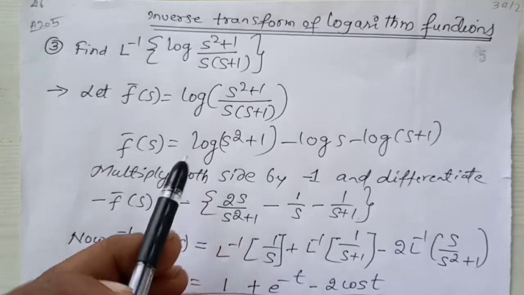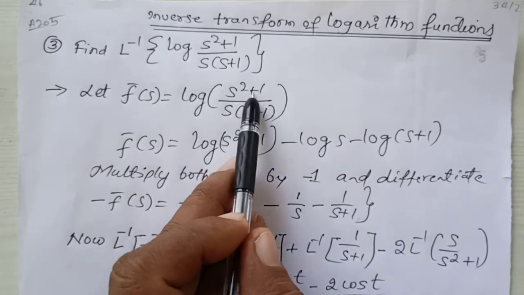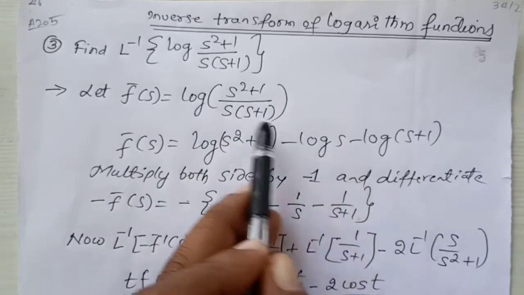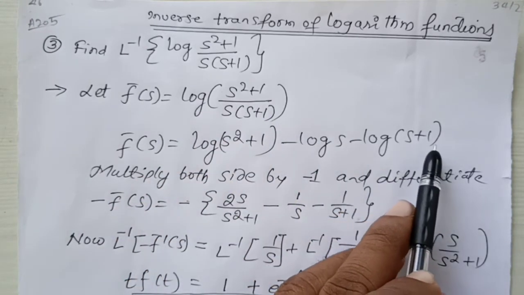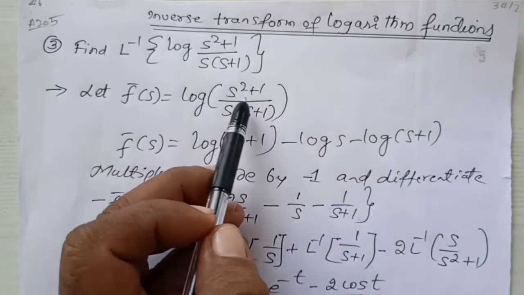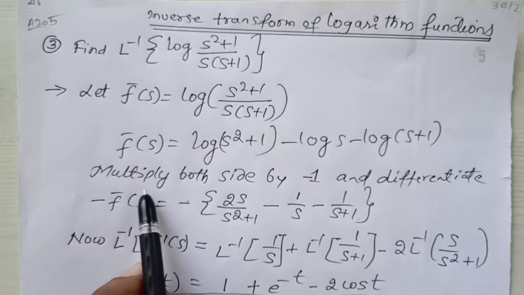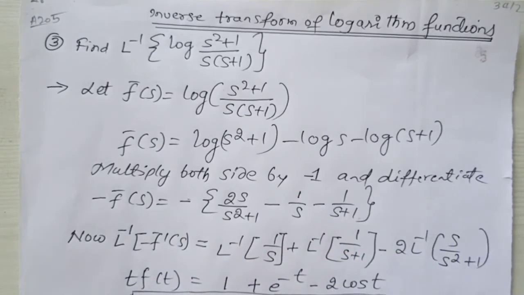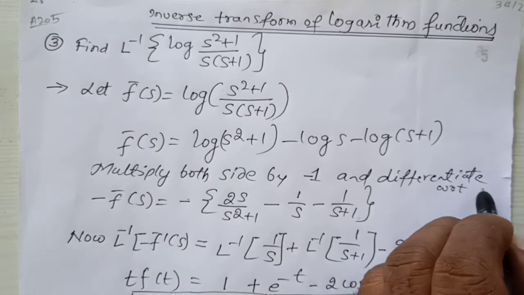So f bar s is equal to log of s square plus 1 minus log s minus log s plus 1, since log of x by y is log x minus log y. Multiply both sides by minus 1 and differentiate with respect to s.